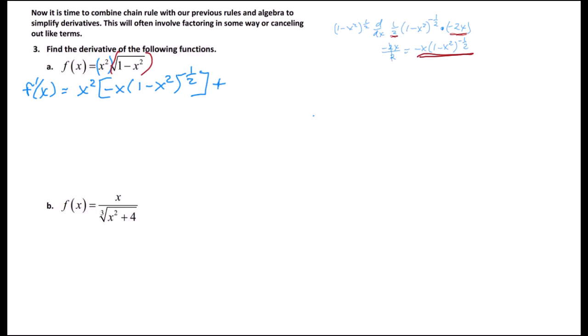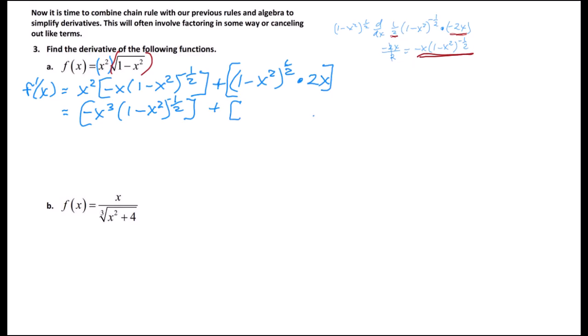Plus our second function, which is 1 minus x squared to the 1/2 times the derivative of the first, which is just 2x. Which equals negative x cubed times this thing plus this thing didn't change any.